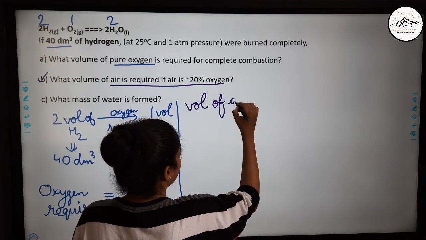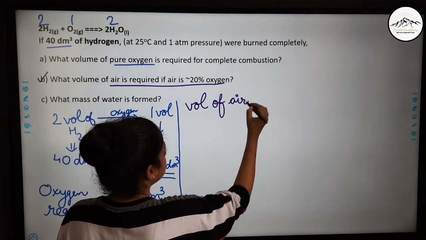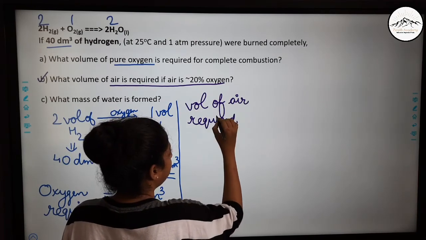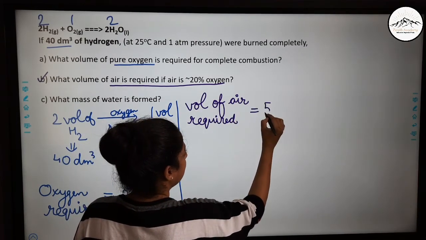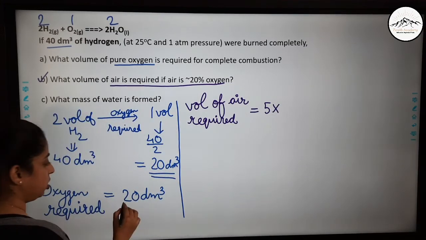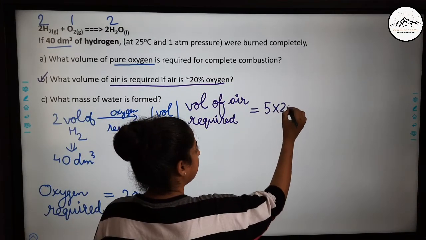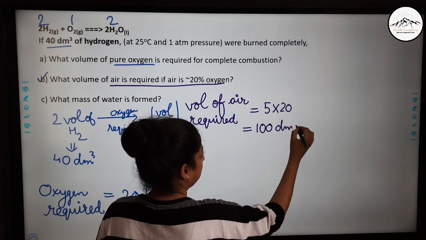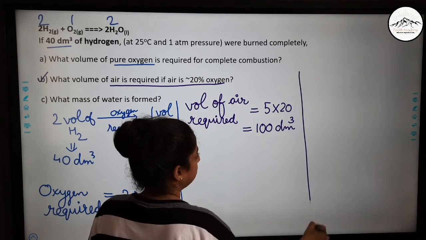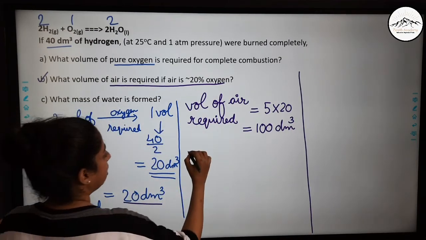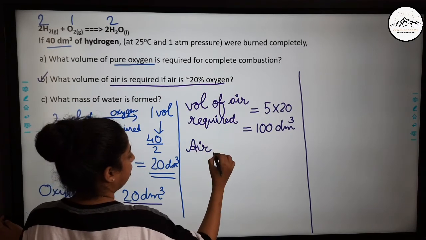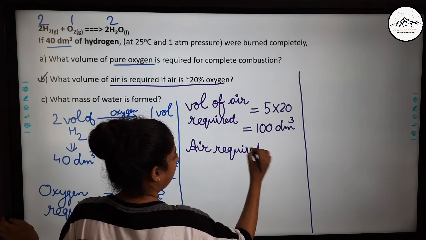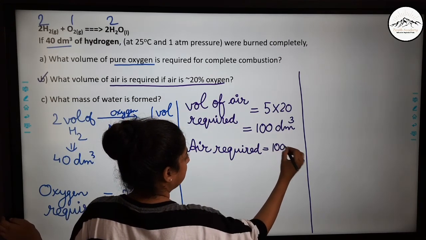So volume of air required will be 5 times what oxygen is required. So it will be 5 into 20, which will be 100 decimeter cube. Okay. So for the next one, air required is 100 decimeter cube.